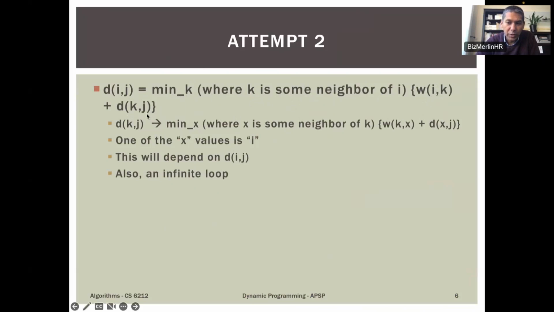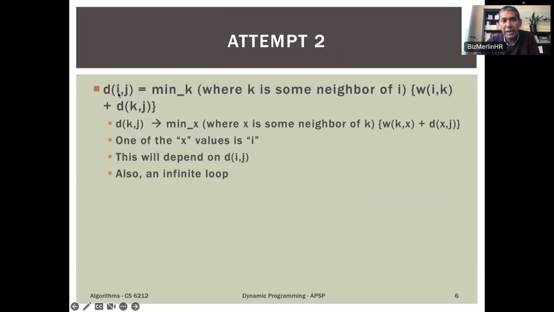Now this is a little bit cleaner version of attempt 1, but it has a similar problem: dij depends upon dkj, but dkj will similarly depend upon a node x, which is a neighbor of k, and one of the possible values of x is the node i itself.